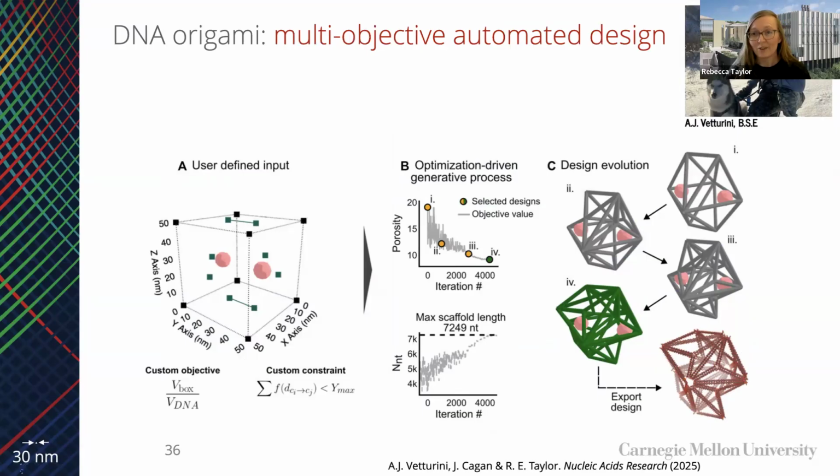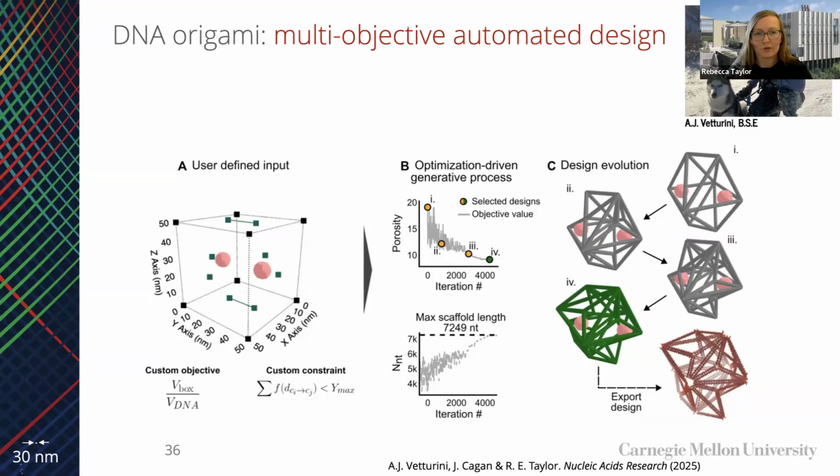So you can, in an automated way, generate wireframe DNA origami. There are multiple really powerful tools like vHelix and the Athena suite that will let you take a triangular mesh and convert that to DNA origami. And so what AJ said was, okay, I'm going to make those meshes, and I'm going to figure out ways to do it in ways that can help people.